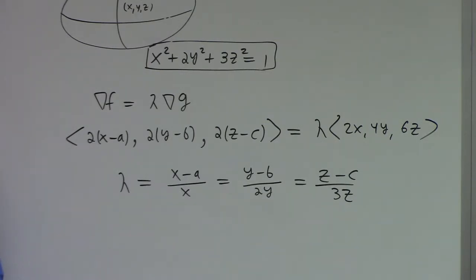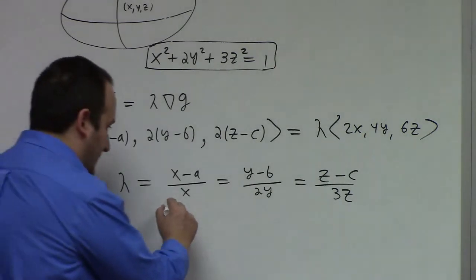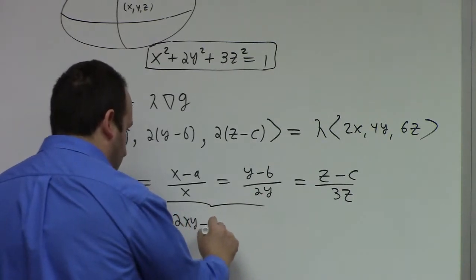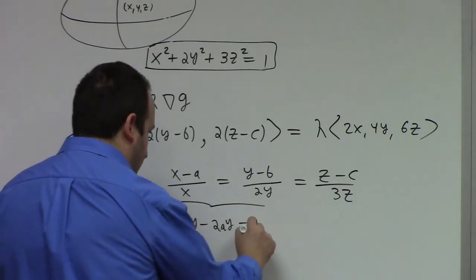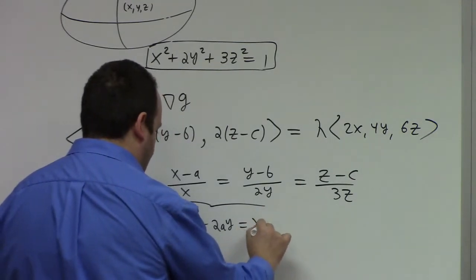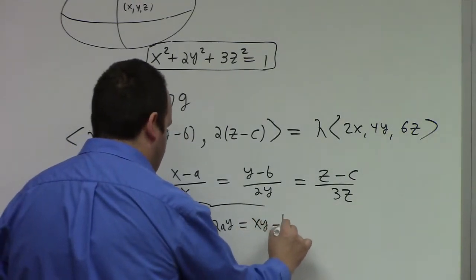I think you can do kind of something very similar to the problem we worked the other day and eliminate every variable except for one and then plug it back into the ellipsoid equation, right? Like, just to get us started, this one would give you 2xy minus 2ay is equal to 2x, well, is equal to xy, right? Minus bx.